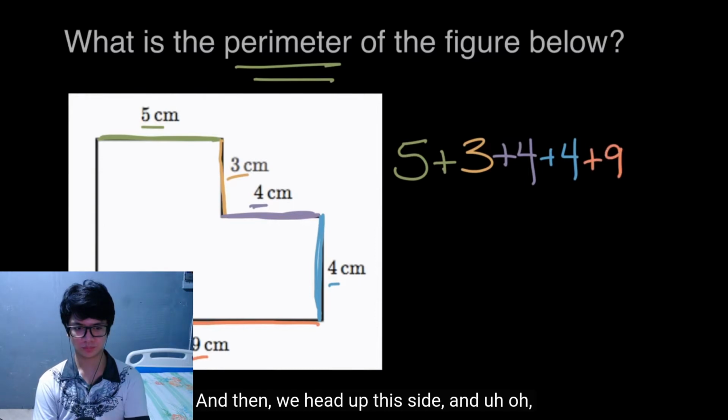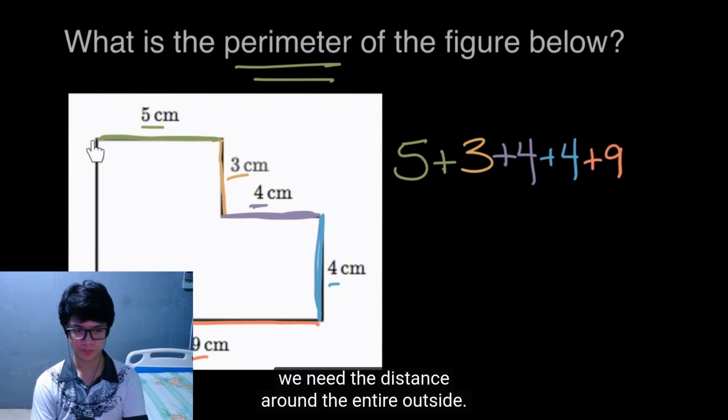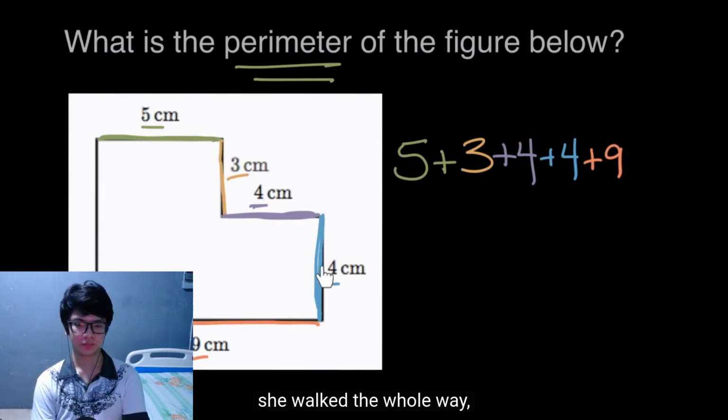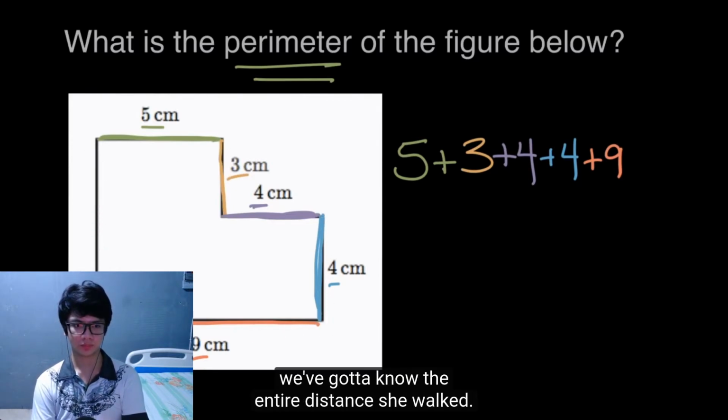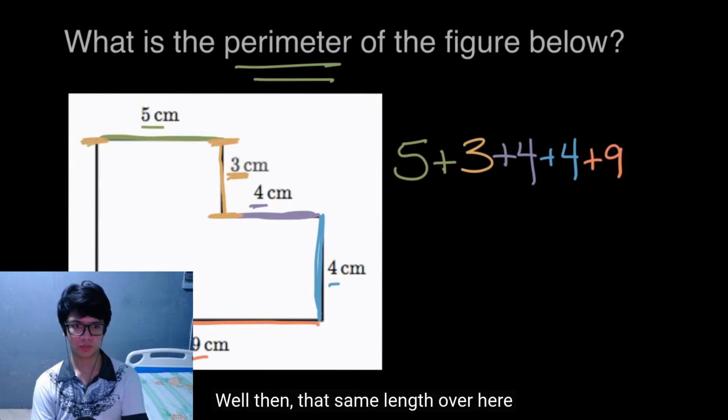And then we head up this side, and we don't have a label. We don't know how far this is. But to find the perimeter, we need the distance around the entire outside. If this little ant walked the whole way, we've got to know the entire distance she walked. So what we can do is look over here and say if this length right here is 3 centimeters, well then that same length over here is also 3 centimeters.